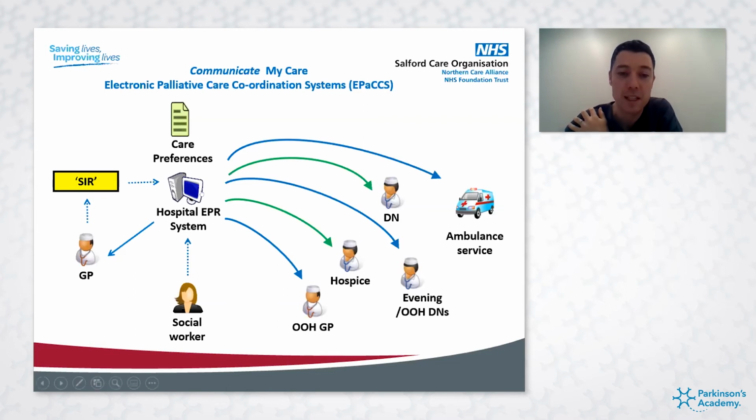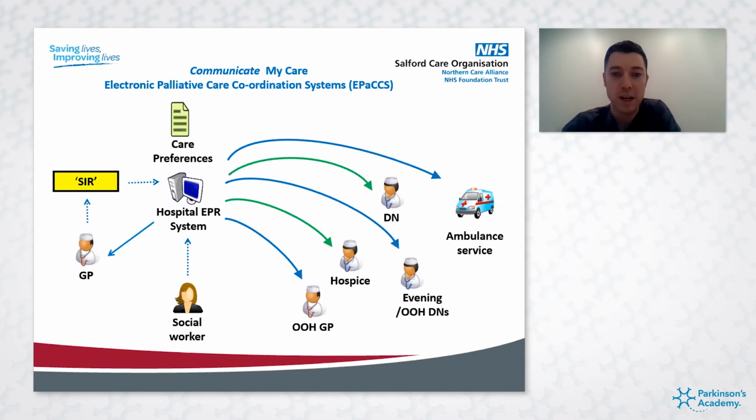If we put something on our hospital EPR system, it will communicate that in real time to the ambulance service and to district nurses. It's available on the district nursing system, it should be available on the GP system, and then it can be uploaded to our systems as well. I think it's really important, if we do any element of advanced care planning, regardless of condition, Parkinson's, neurological conditions or otherwise, that we communicate it, otherwise it's essentially not going to work.